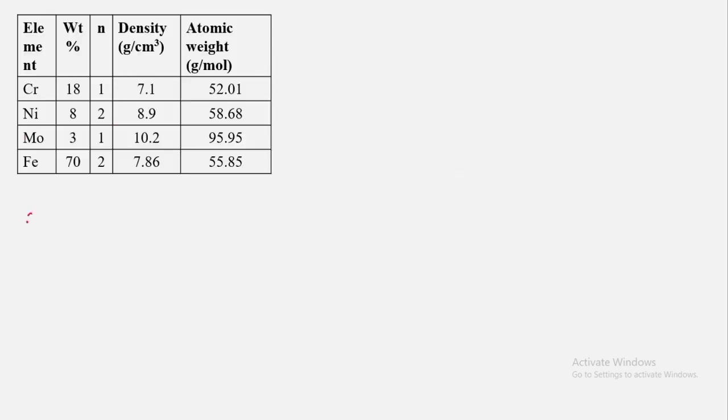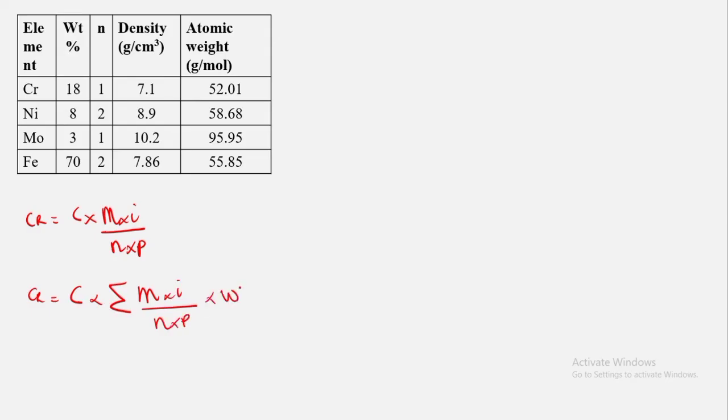You know that corrosion rate is equal to the C, which is a constant, times molar mass times corrosion current density in microamps per centimeter squared, all over the number of electrons transferred times the density. So since it is a summation, the corrosion rate is equal to C times the summation of the molecular weight times the corrosion current density all over the number of electrons transferred times the density times the weight.